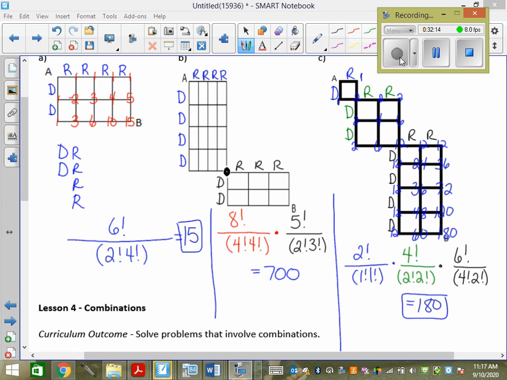So permutations, order matters. Okay? So where does order matter? Order matters when you're doing postal codes, telephone numbers, arranging people in a photo, arranging books on a shelf, when you're arranging anything. Digit numbers, order matters. Codes, order matters.